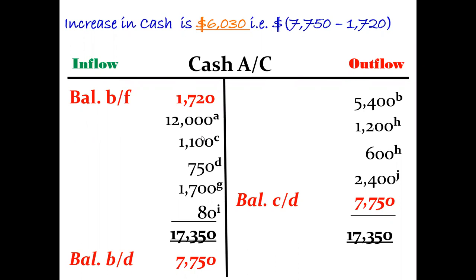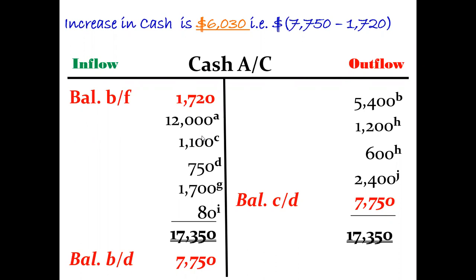Investing, remember, relates to property, plant, and equipment mainly. If we did buy any, that would be an outflow. If we did sell any, that would be an inflow. Investing also: did we lend money to anybody? Did we invest in any other business? Financing: remember the business is financed by either borrowed money, that is debt, or owner money, that is equity.